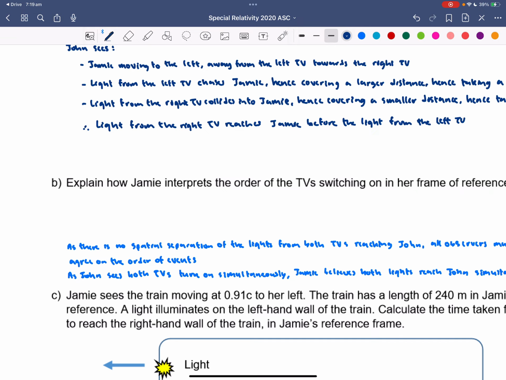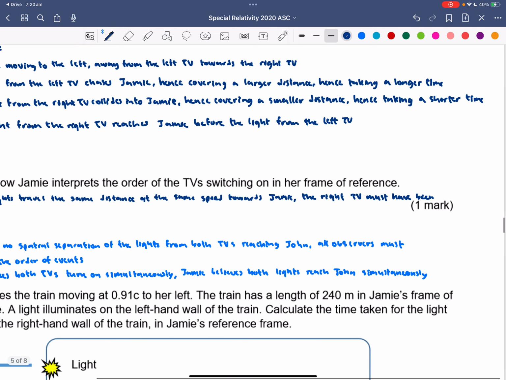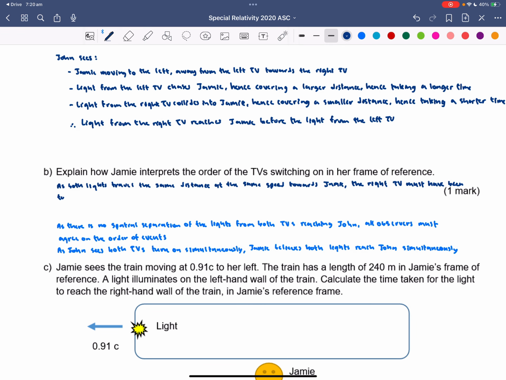As both lights travel the same distance at the same speed towards her, towards Jamie, the right TV must have been turned on before the left TV.